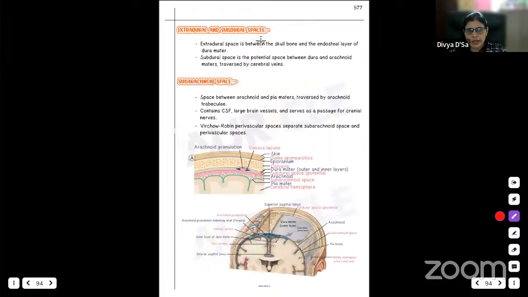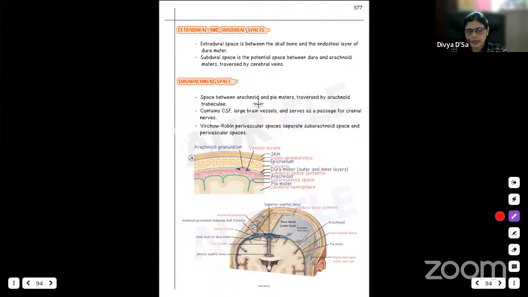Then extradural and subdural space. Now extradural space, as the name says, is outside the dura mater. It is the space present between the skull bone and the endosteal layer of the dura mater. The subdural space is, as the name says, below the dura mater. It is a potential space between the dura and the arachnoid mater, which is traversed by the cerebral veins.